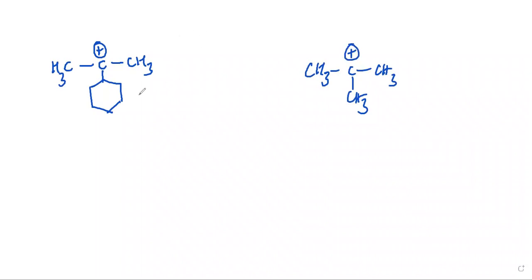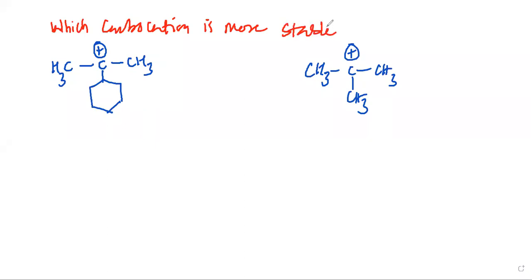Can you tell me which one is going to be more stable, or what is the number of hyperconjugation structures possible? That is what we need to solve. Which carbocation is more stable, 1 or 2?